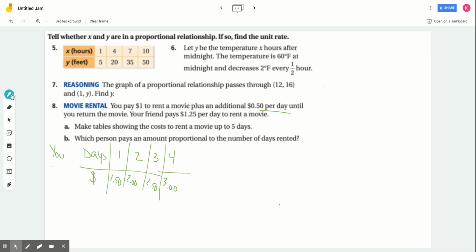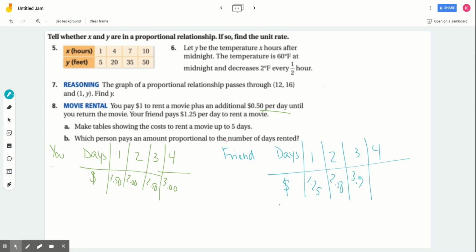When I go to make a table for my friend, again, I'm comparing the number of days to the amount of money. My friend pays $1.25 per day. So for day number 1, they pay $1.25. For day number 2, we're going to add $1.25.